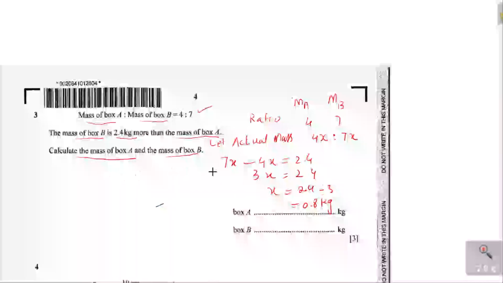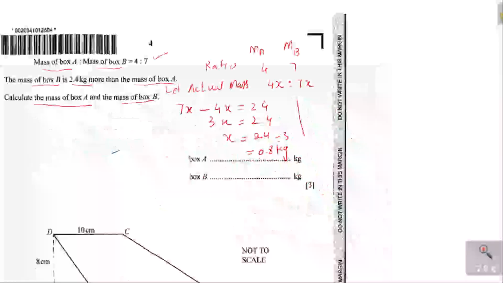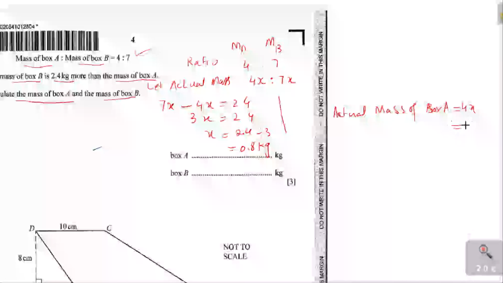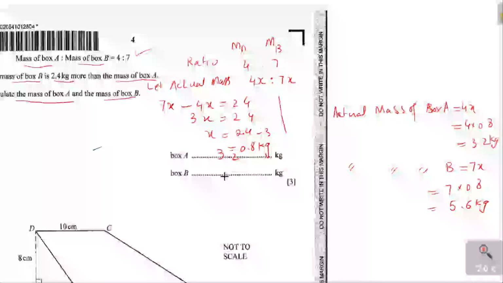The actual mass of box A will be equal to 4x, which is 4 multiplied by 0.8, equal to 3.2 kg. The actual mass of box B will be equal to 7x, which is 7 into 0.8, equal to 5.6 kg. Therefore 3.2 kg and 5.6 kg will be the answer.